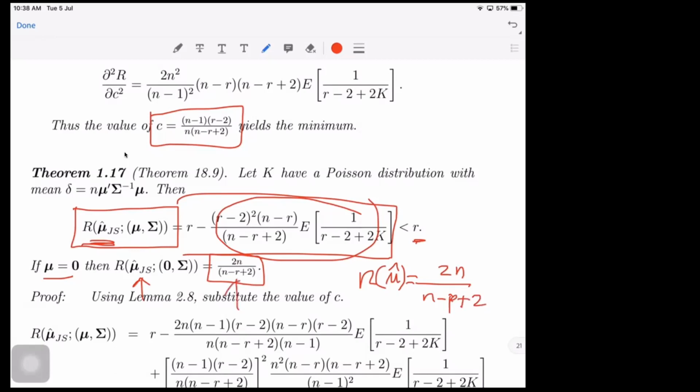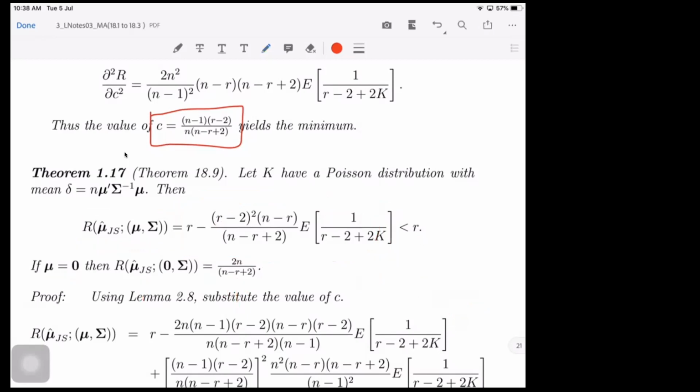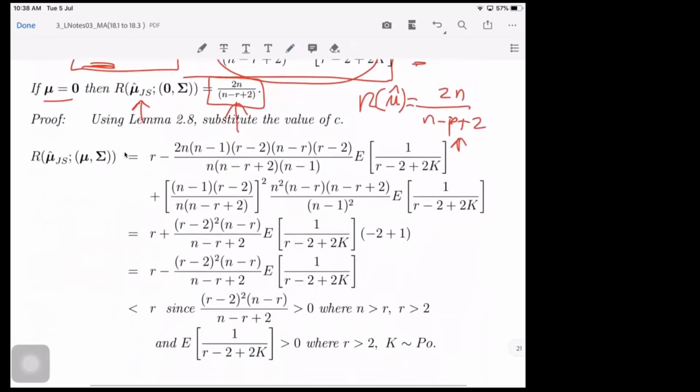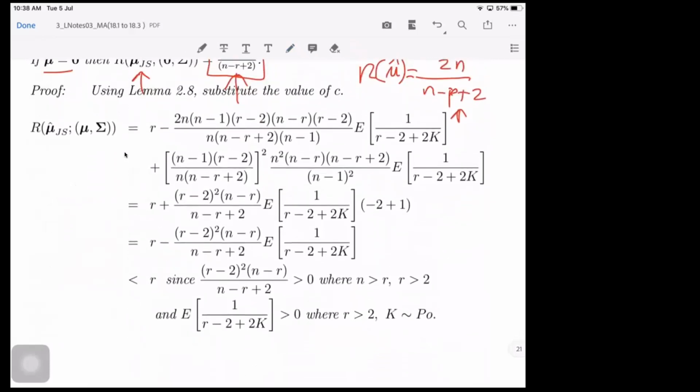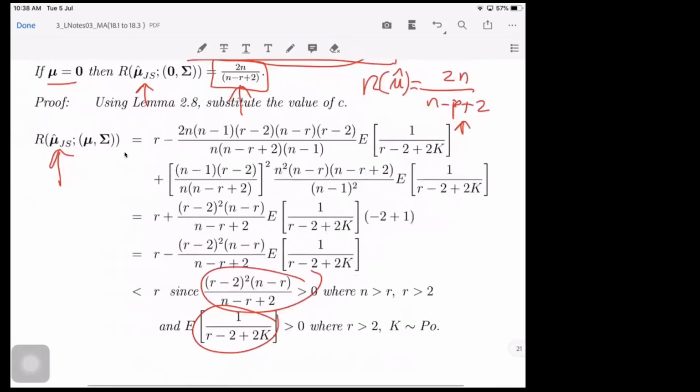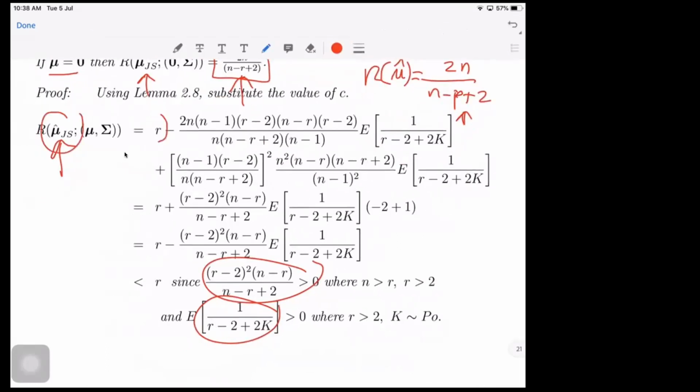Pareha ra. Except that we are using R for the multivariate case and P for the univariate case. Okay? So to prove that, you just substitute C in the risk associated with using the James Stein. And this is always positive. So that will assure us that the risk associated with using James Stein is lesser than R. Because R minus a positive thing will be smaller.